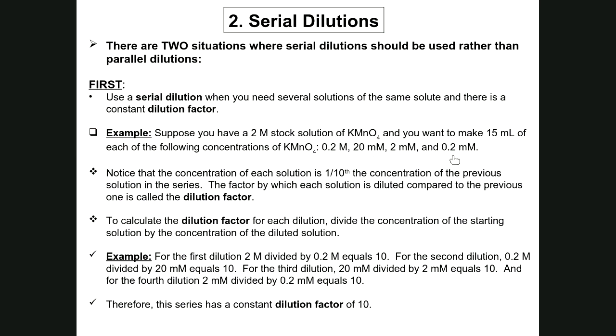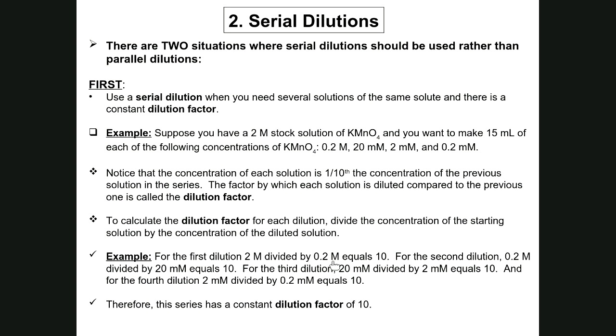So what they tell you to do is arrange them in order from highest to lowest. Take the highest concentration, which is actually the stock, and divide it by the next highest concentration. So you actually have to factor in the stock. You're starting with the stock, and then the next one.